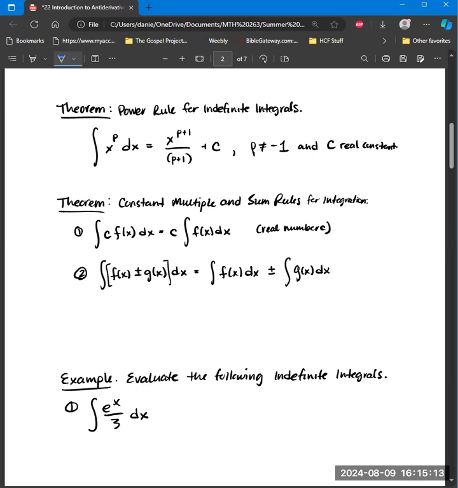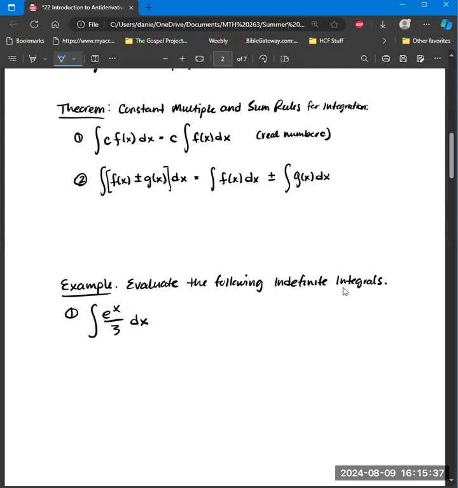If we have the power rule, the integral of x to the p dx is going to be equal to x to the p plus 1 over p plus 1 plus c. We can't use the power rule when p is equal to -1 because -1 plus 1 is 0, and I'm not allowed to divide by 0. So we're going to have a different rule later that we're going to learn for when p is -1. It will have its own rule.